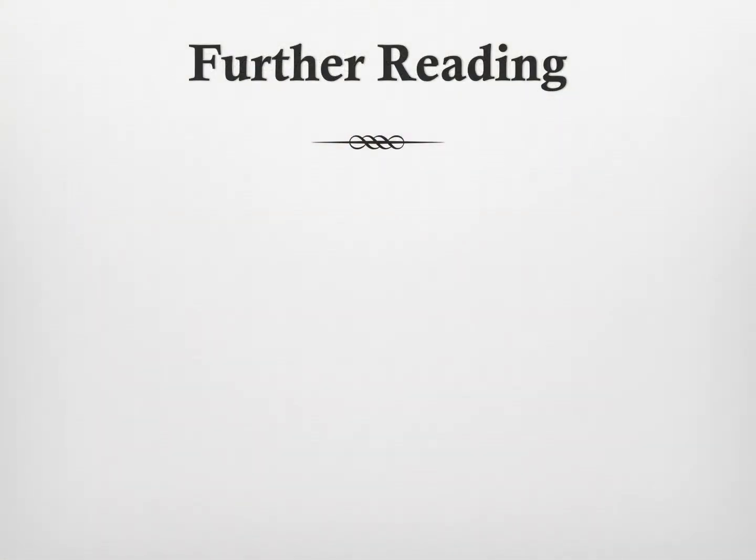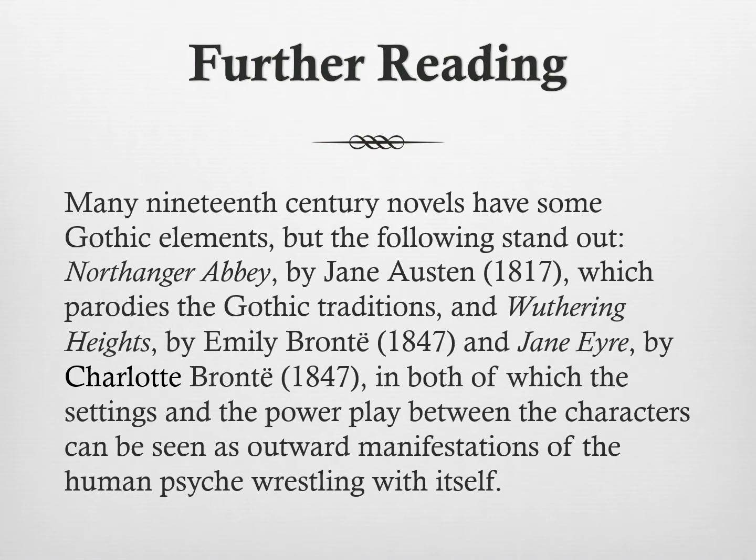Now, if you're interested in the topic, there are various 19th century texts that you might want to have a look at. Jane Austen's Northanger Abbey is a kind of parody. A parody is not exactly serious. It's making a kind of joke out of the genre. Wuthering Heights and Jane Eyre, I've mentioned before during the course of the lecture.